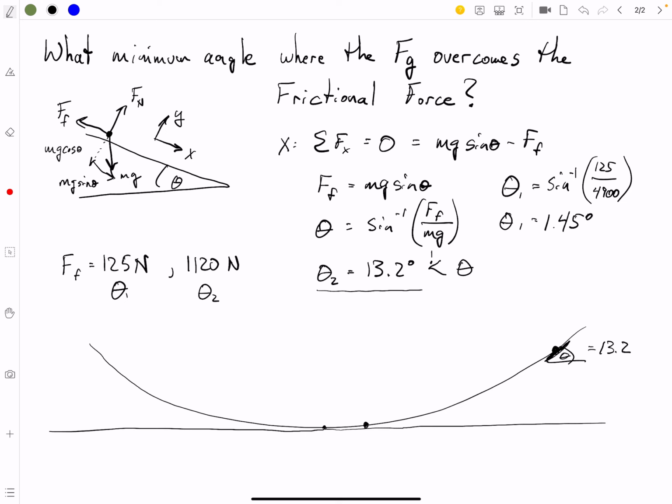So between here and here, if our frictional force was 125 newtons, I'm falling apart, guys. Hold on, just bear with me one second. We're almost done.